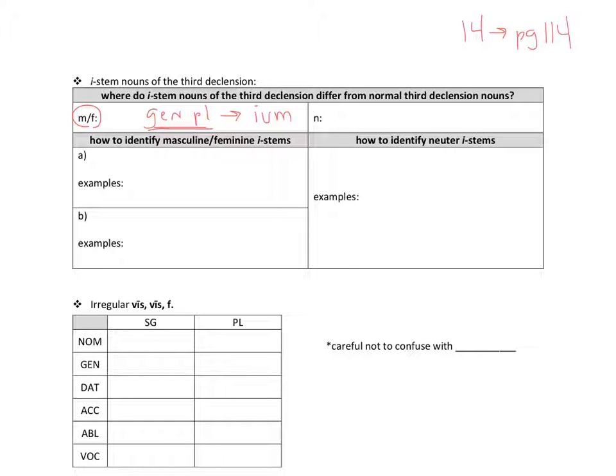Neuter is just a little bit different, and once again, I hope that you have your textbook open as we go through this. There are a couple of places that the neuter differs, and the first place is that in the ablative singular, it is going to have an I instead of an E, and that's actually a long I. Then in the nominative, accusative, and vocative plural, it's going to have an IA, sorry, that's an A there.